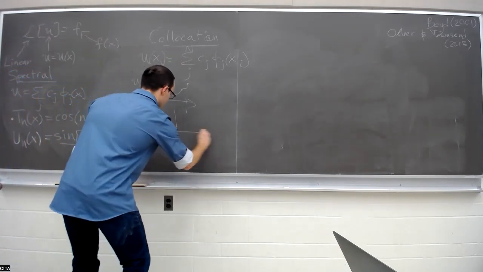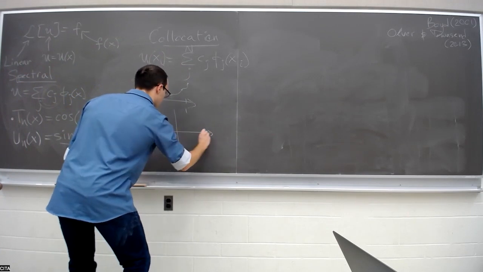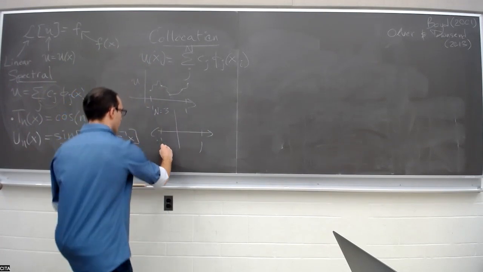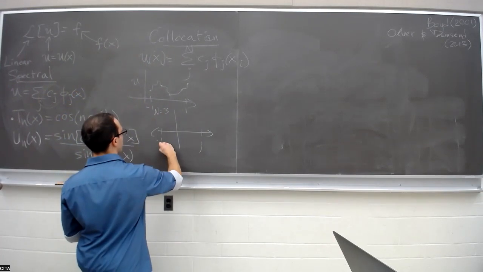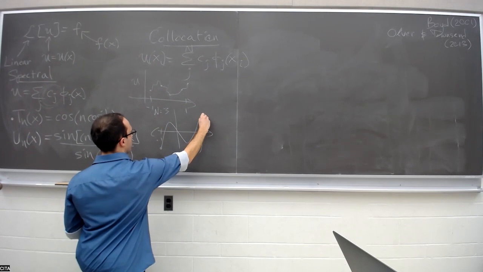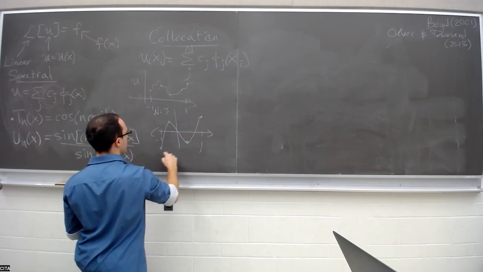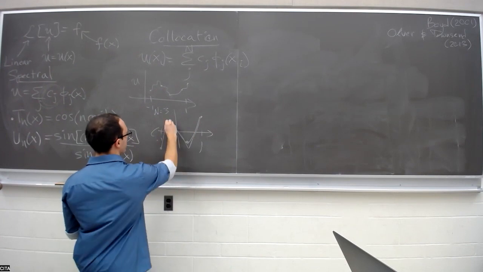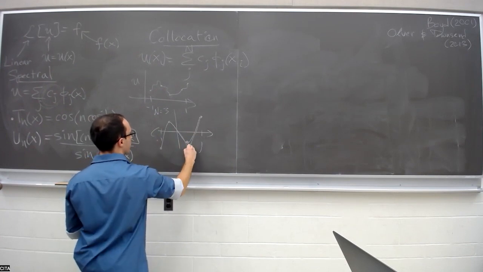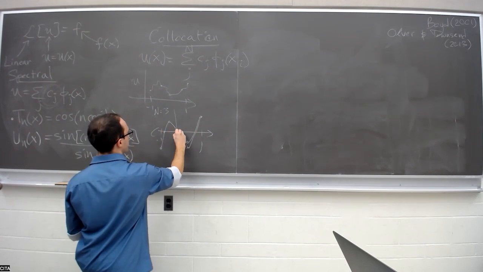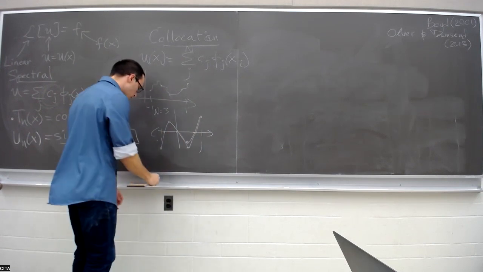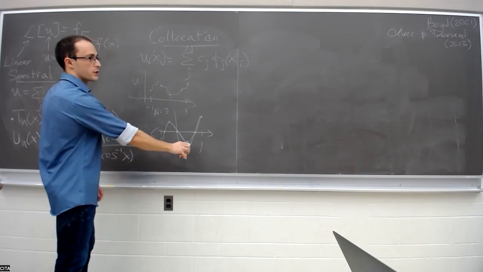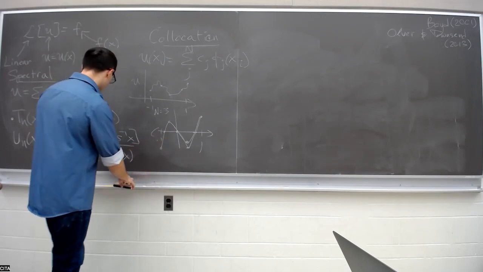So, for instance, if we have n equals 3, then we would either take the 4 points that would be the endpoints and the extrema of this polynomial, or we would take the roots. You basically would make a choice between those two based on whether or not you want to include the endpoints in your calculation.